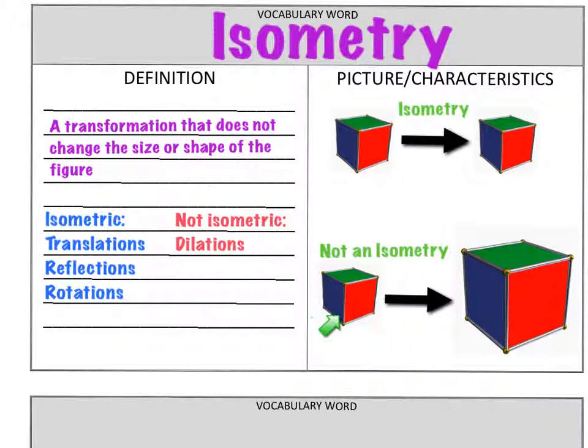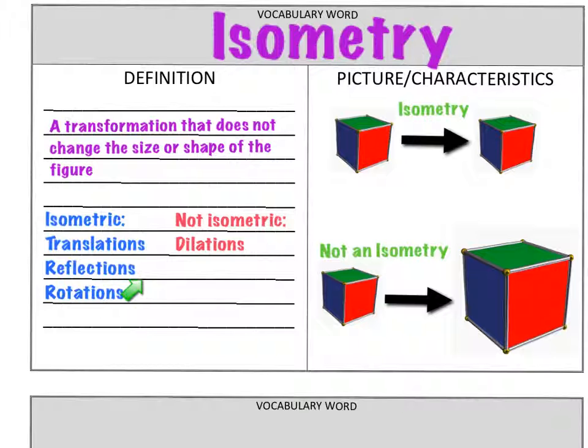This one, it actually got bigger, so it is not an isometry. It's not isometric. So there are isometric transformations and non-isometric transformations. So translations, that slides the image or figure around. So if you slide something, it stays the same size and shape.